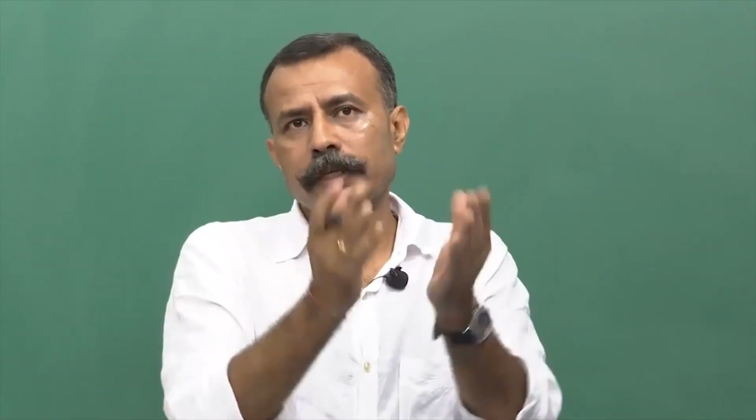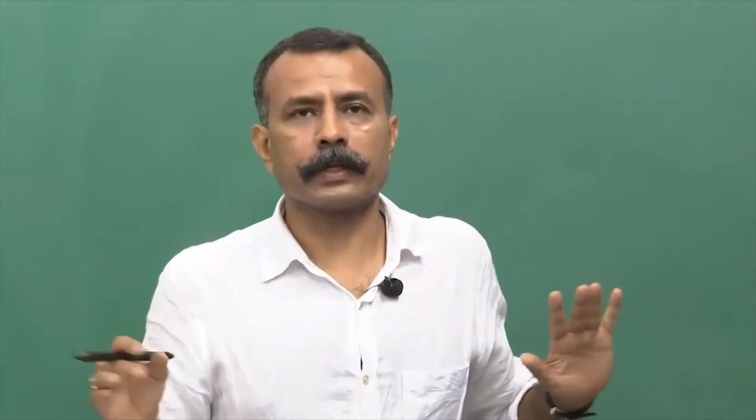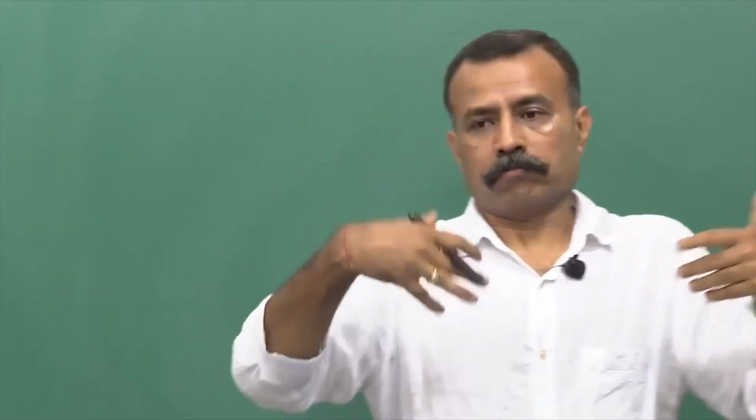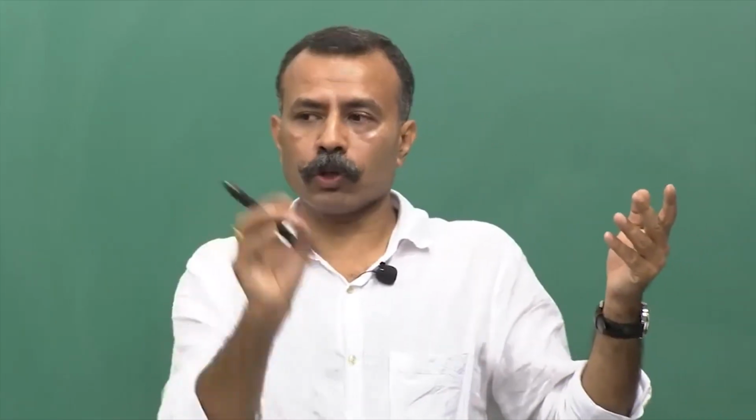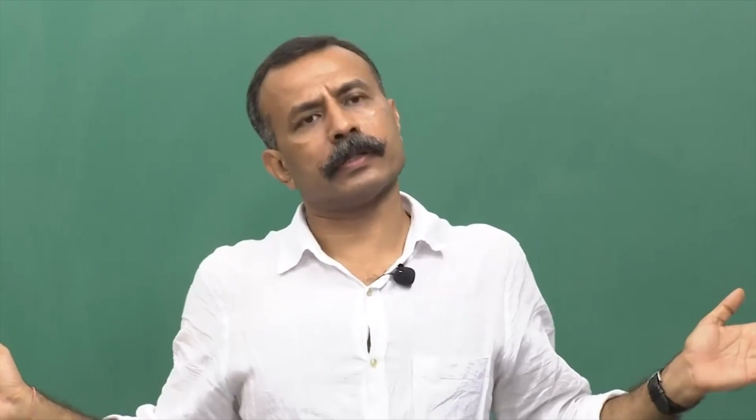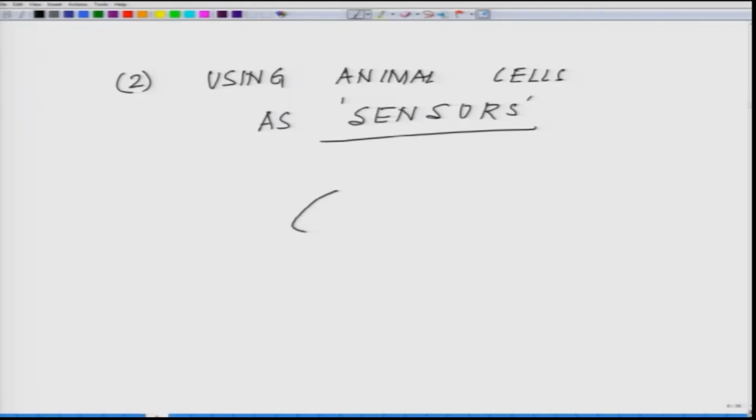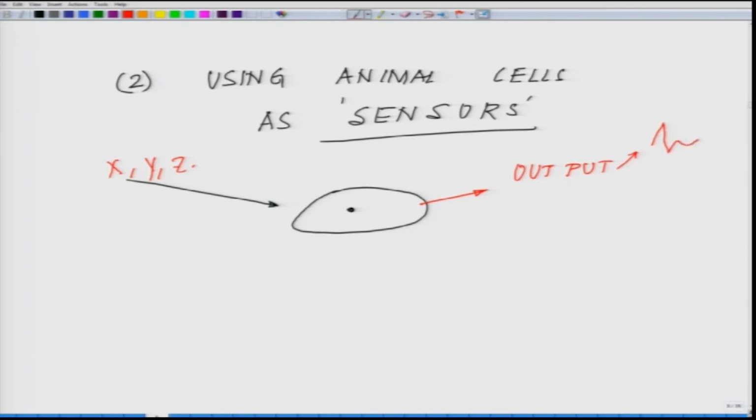Based on that I am using this as a simple sensor device, for testing, for screening, or in some condition where I am not sure what this toxin is going to do. So, I use the cell as a sensor system. I have this compound, say X, Y, Z, whatever, and I have an output here to measure. What is the output? That could be electrical output, it could be chemical output, or it could be some other physical parameter. Okay?